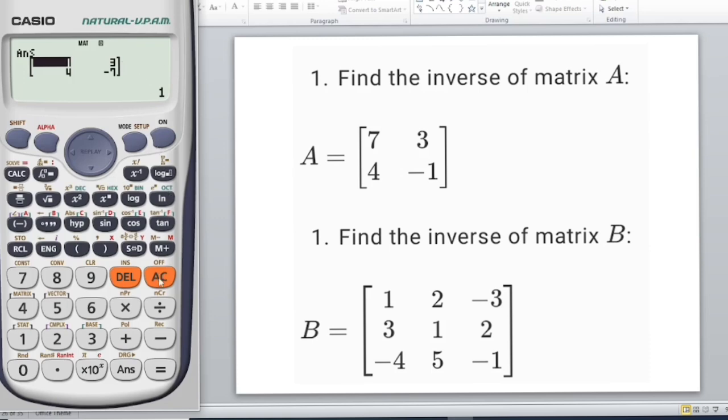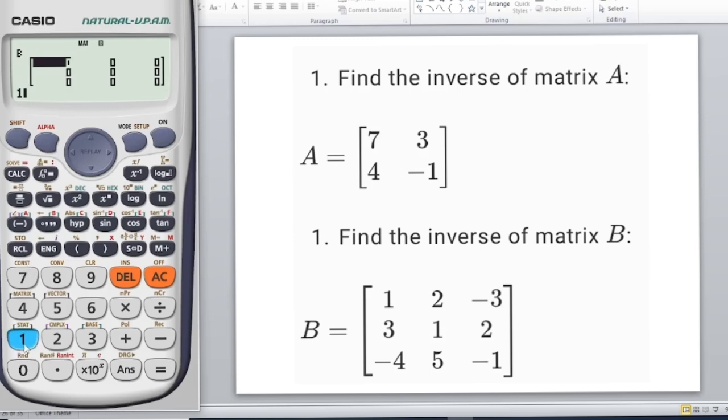So in the same way, let's solve for the inverse of mat B. So press mode, inverse is, then mat B, that is 6. Mat B is a 3 by 3 dimensional matrix. So click on 1.